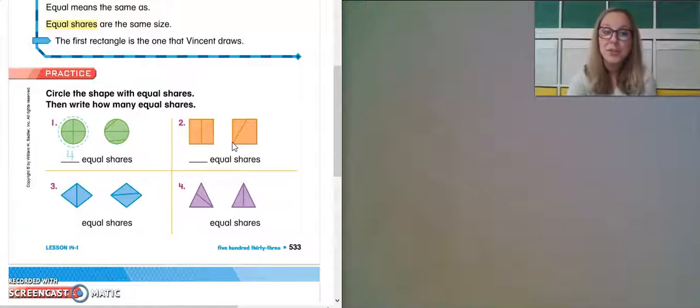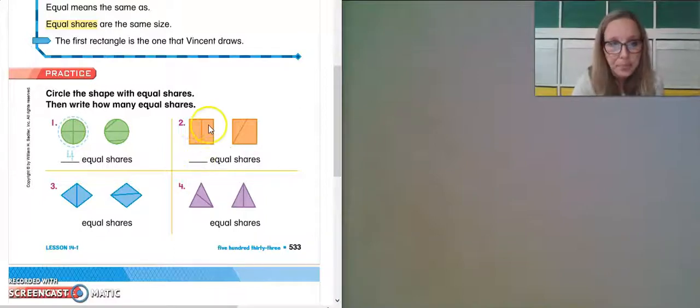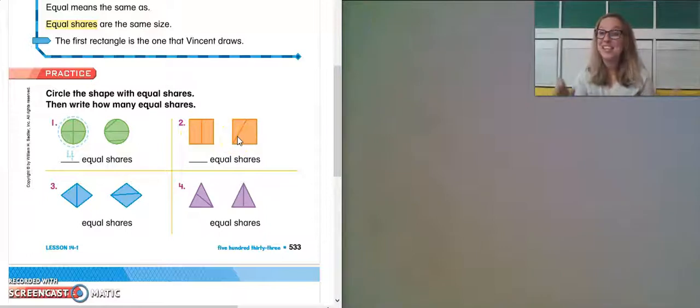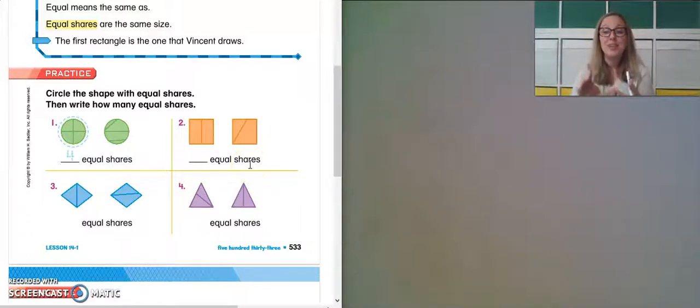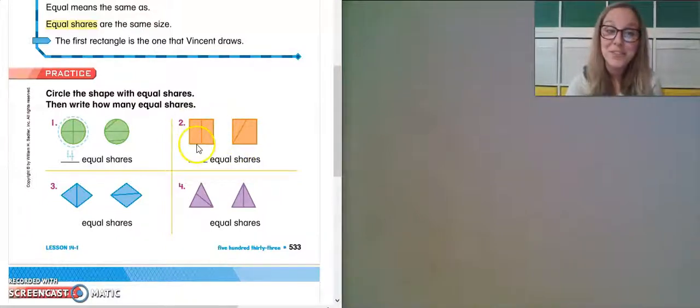If you said 2, you're right. So here on this line, you should write the number 2. Now, one of these has 2 parts that are the exact same size and shape, and the other one does not. Which one of these squares has 2 parts that are equal, that are the same size and shape? If you said the first one, you're absolutely right. So you can go ahead and circle that first square.